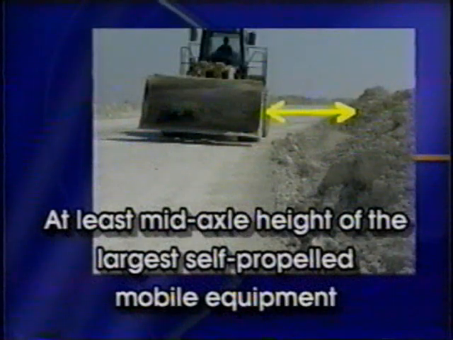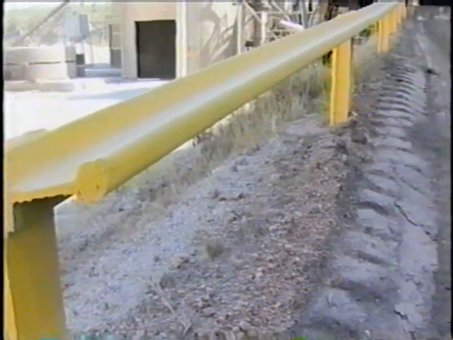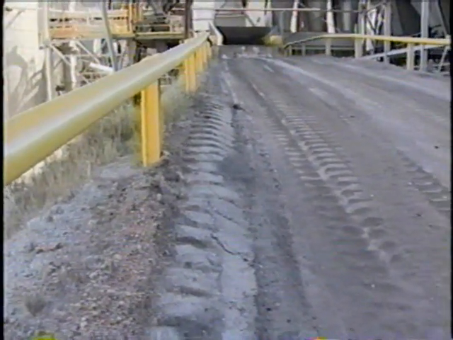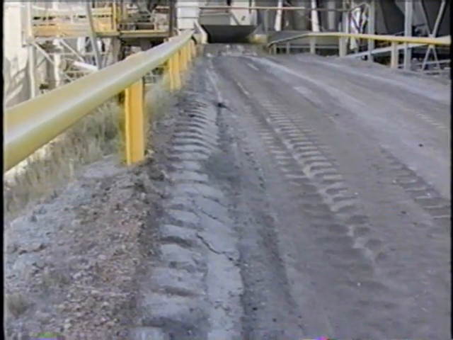Berms or guardrails shall be at least mid-axle height of the largest self-propelled mobile equipment which usually travels the roadway. Numerous injuries and fatalities can be prevented by having berms and guardrails in place.